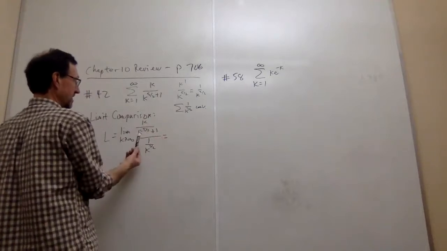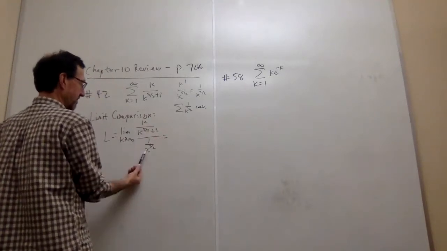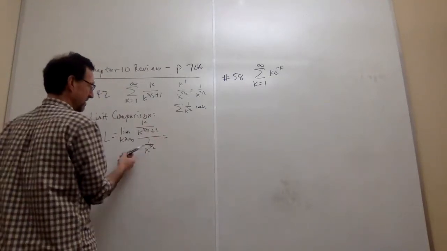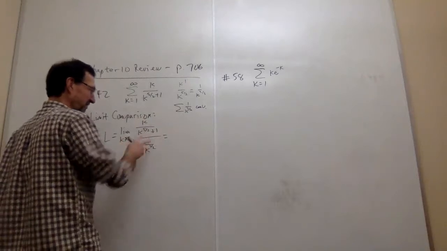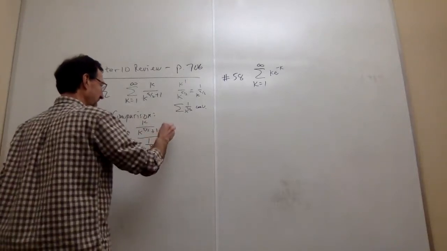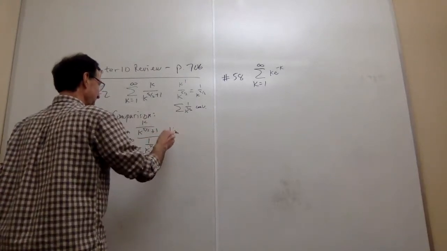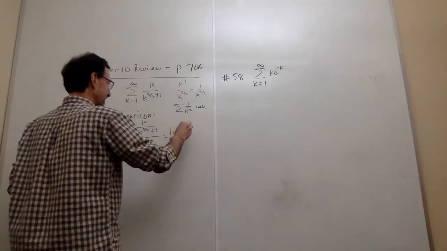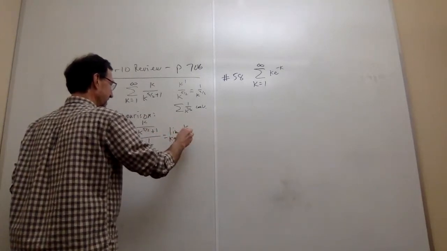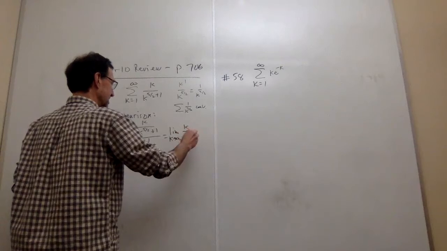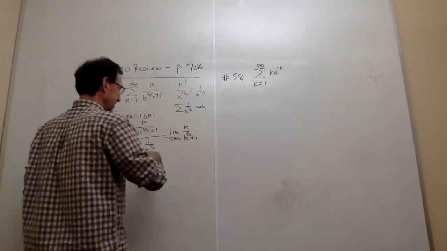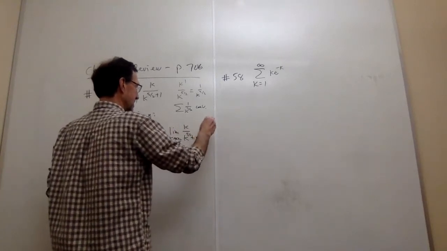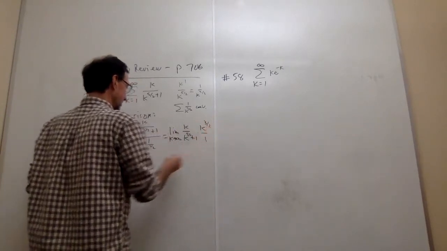So we've seen this a lot in chapter 10. We have a fraction divided by a fraction. I've encouraged you to maybe skip this step and just flip this one over and multiply. I wrote it out here. Maybe in the future, when we need it, we'll do that. So I have k over k to the 5/2 plus 1 times, and then invert and multiply.